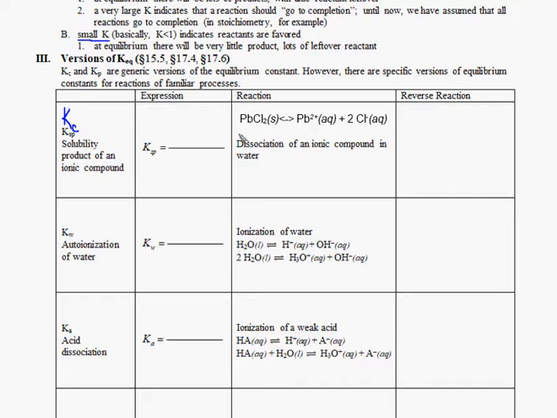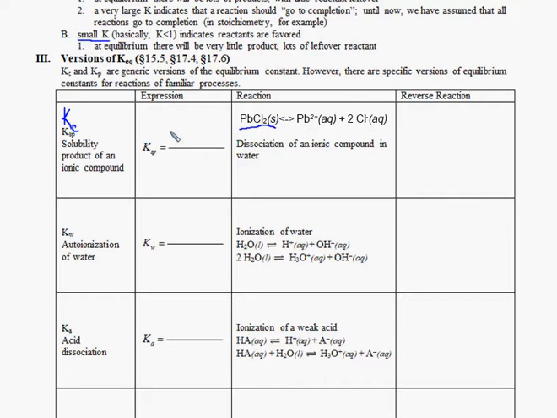So here we have lead chloride solid dissolving in water, and because it's ionic, when it dissolves, it's also going to dissociate. So you see here we have a lead ion, and we also have two chloride ions. That's our dissociation reaction. So when we write an expression, we're going to be writing again a Kc expression.